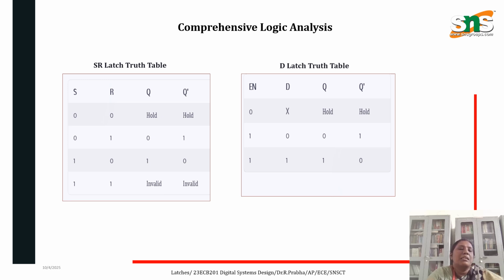When both are 1 in the SR latch, it is an invalid state in the SR latch truth table. Coming to the D latch, when the enable input is 0, it acts as a memory element, whatever the input may be. But when the enable is 1, if the input of the D latch is 0, the output is 0. If 1, the output is also 1.